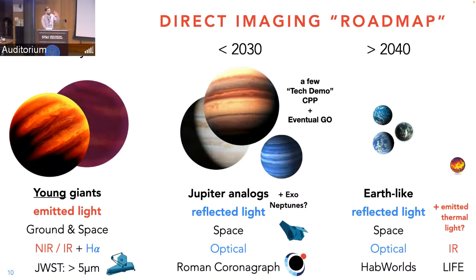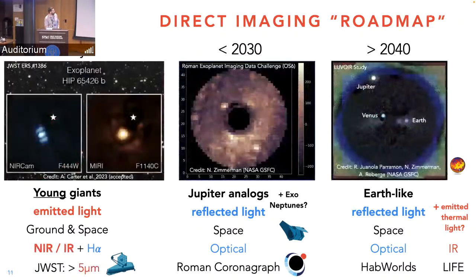And our colleagues in Europe, especially in Zurich, are leading an effort to study an interferometer that would do the same type of planets, but in thermal mid-infrared wavelengths. So this is basically the roadmap.